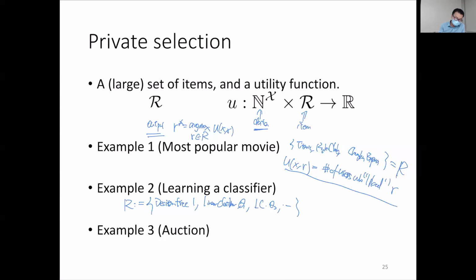Since we want to maximize it, X is your training data and R is a particular classifier. This might be the negative of the sum of i from 1 to n of the error this classifier makes on data point i.